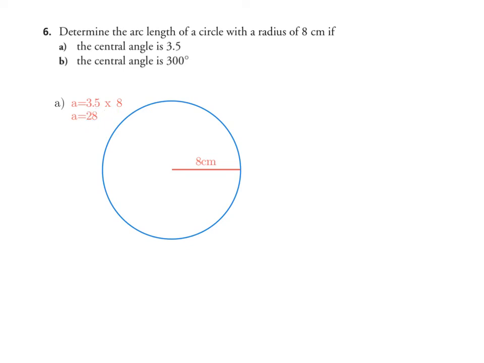Now to draw this, I know that pi is about 3.14. So we need to go a little bit farther than 3.14, right to about there, let's say. And we're going to say that that length, from here all the way around to here, is 28 centimeters. And that feels about right.